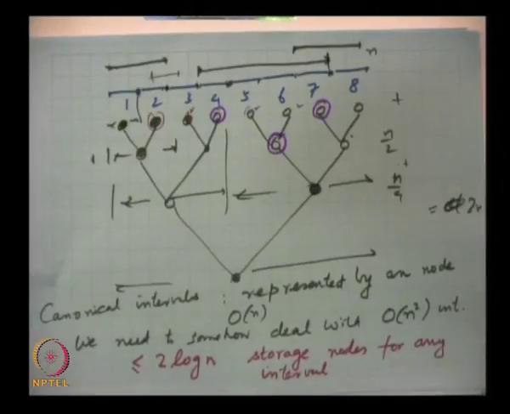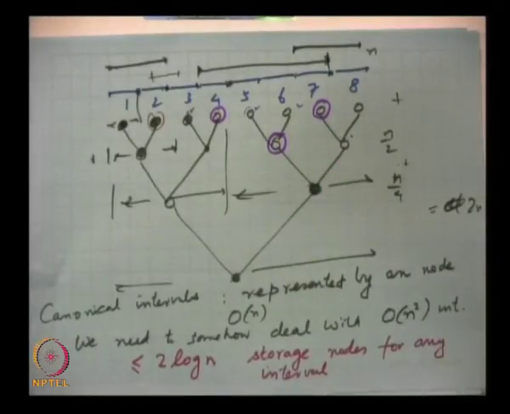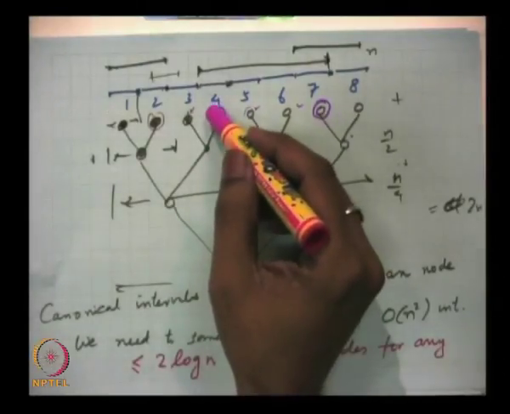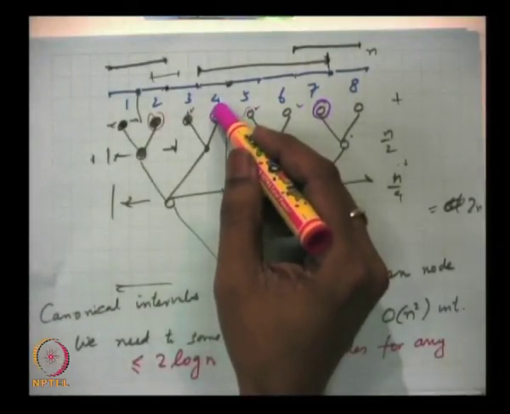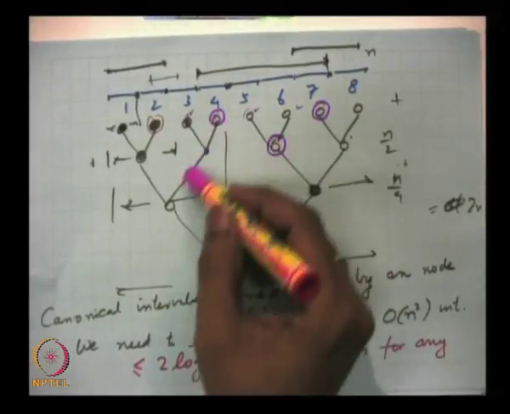So, if that is the situation, then why is the update order log n? Does it immediately imply that the update is order log n? Not really. See, if you think about it, here is a node. When we want to update, we have to walk along this node to the root and update the counts.